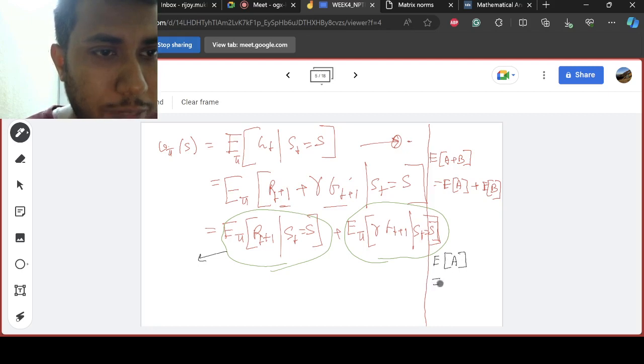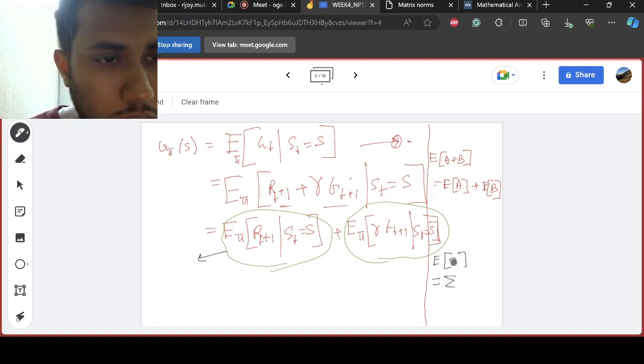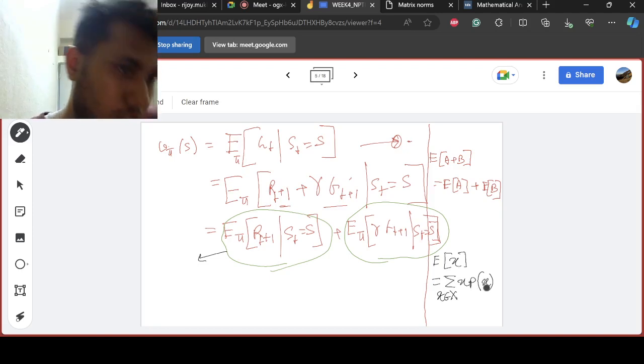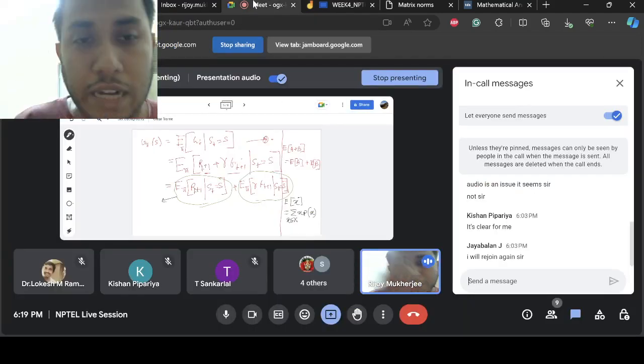So how do you measure an expectation? The measure of an expectation is basically this: x belongs to a set of all values, it will be this. Right, so this is how you calculate an expectation.